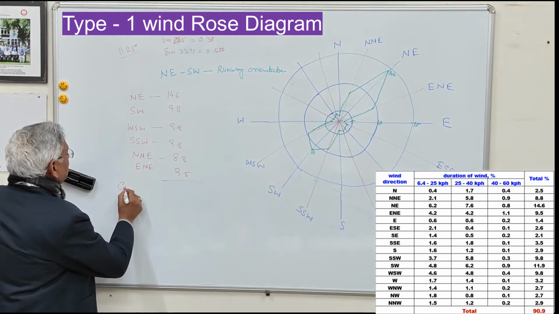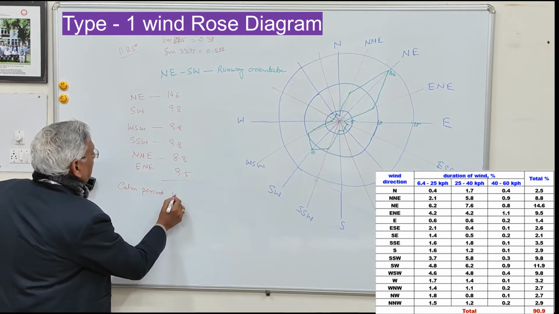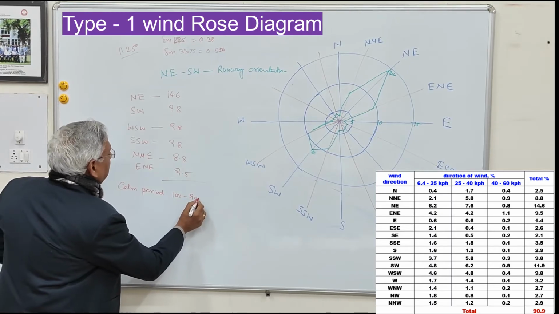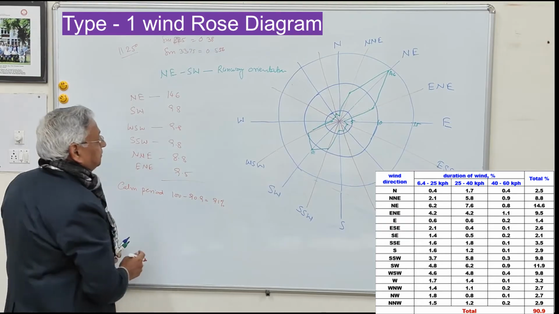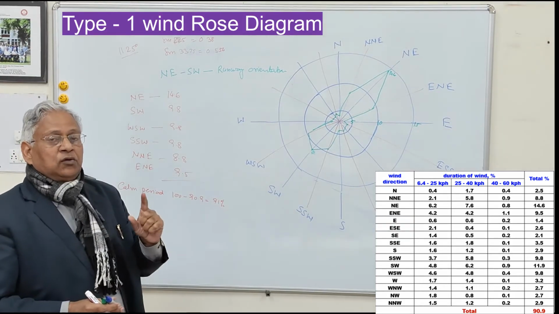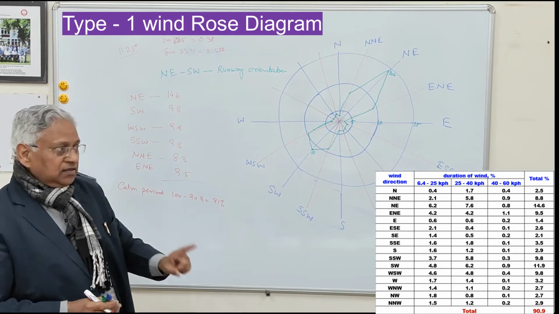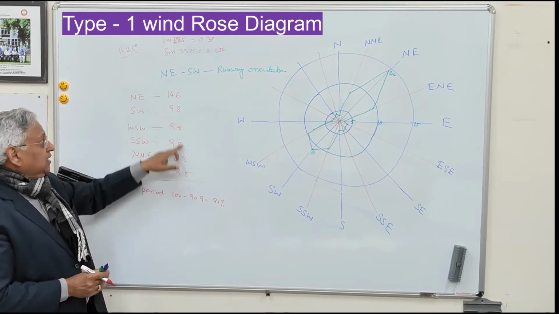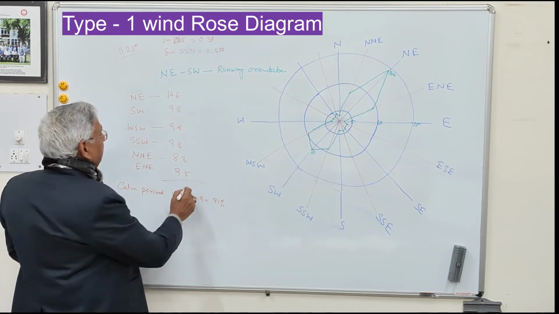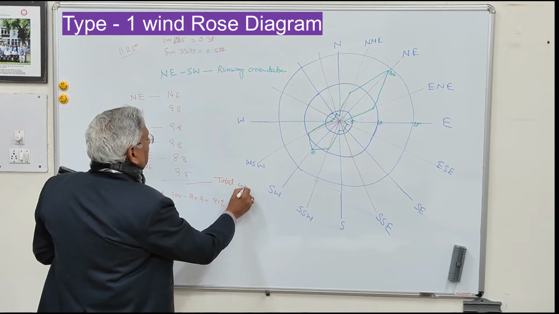So the calm period here will be 100 minus 90.9, that is 9.1%. And I told you this is the period when the crosswind component is not significant, and therefore you can add this value also here in this column, and that will give you the total wind coverage.